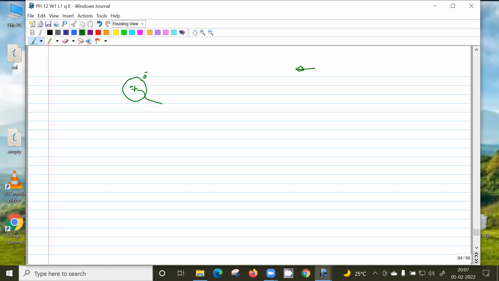So in some sense, the center of the positive distribution and the center of the negative distribution coincide, because the center of a spherical shell is the center, and the nucleus is also at the center. Yes, sir. So the center of the positive charge, that is the nucleus, and the center of the negative charges, which are the electrons distributed around it, both of them coincide.